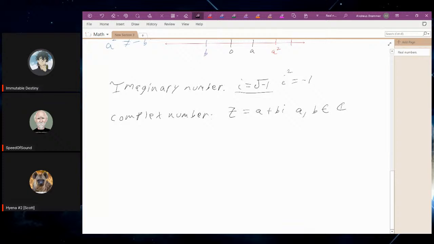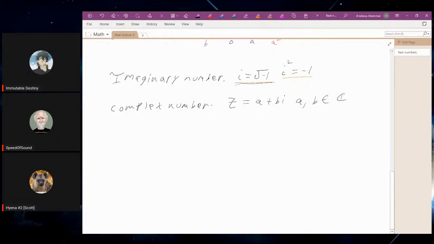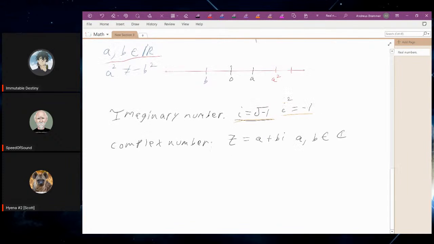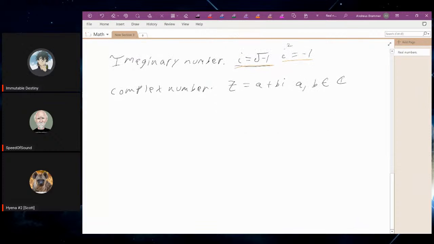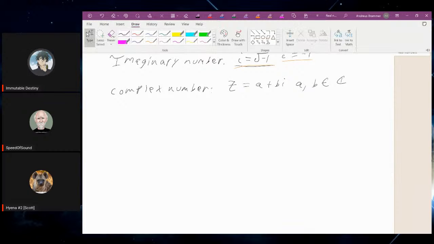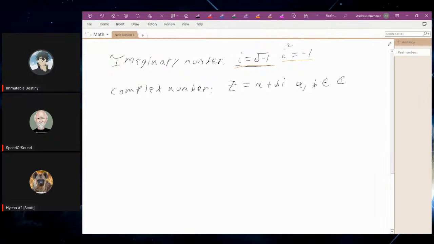We haven't talked about the complex plane yet, but we're about to. So, we mentioned already that i equals the square root of minus 1 and i squared equals minus 1 does something for us. But what does that actually do? Well, it allows us to expand our view of numbers. So it allows us to do this.